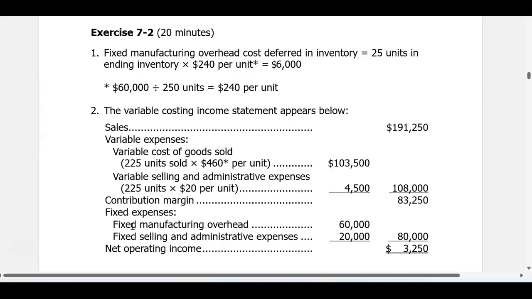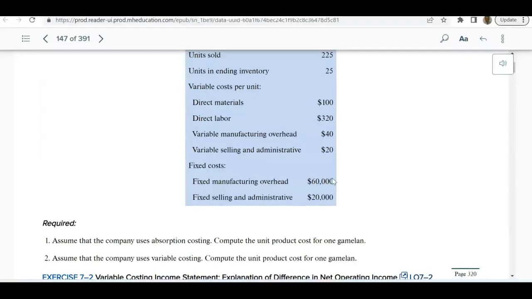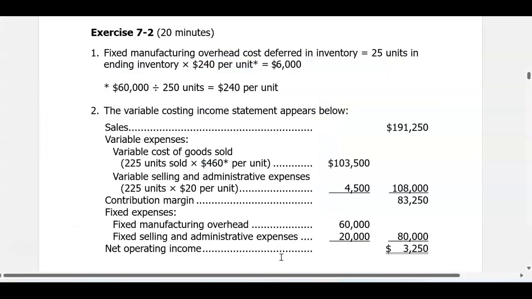So what fixed expenses we have? We have in the factory, we have manufacturing overhead fixed expenses, and also we have fixed selling and administrative expenses in our other side of the business. So here we go, 60,000 for manufacturing overhead fixed and 20 for selling administrative fixed. And that comes from here, right there, see? Problem 7.1, got it? Okay, so 60 plus 20 is 80.